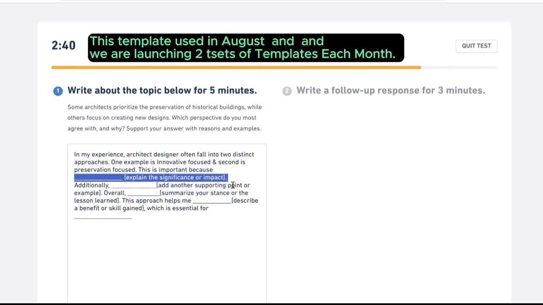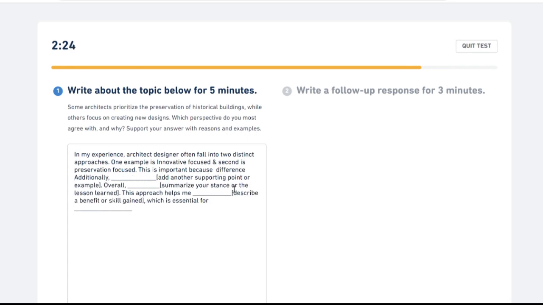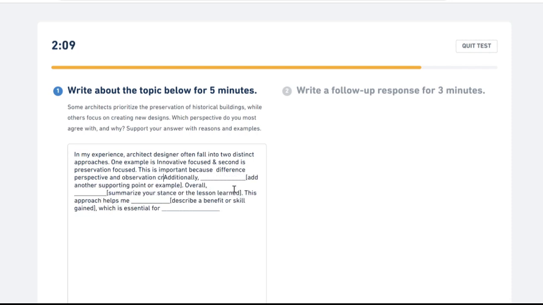Here is the fill in the blanks. You need to write keywords related to historical buildings, as I told you. Use good sentence structure, 1 to 2 sentences in the first paragraph, like: some architects prioritize the preservation of historical buildings while others focus on creating new designs.